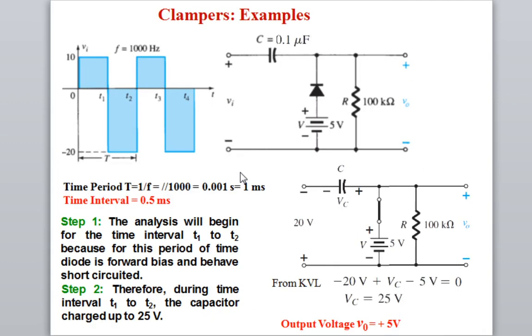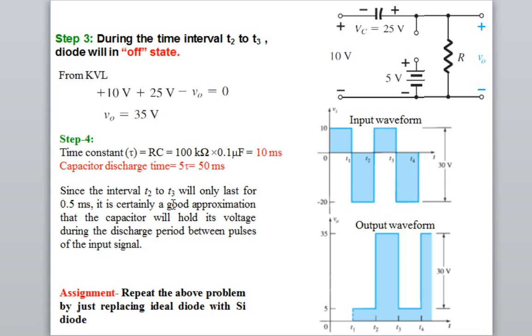And if you go back, the time interval for the given input signal we calculated was 0.5 millisecond. If you compare 0.5 millisecond and this 50 millisecond, obviously 50 millisecond is much greater than 0.5 millisecond, and this has a significant meaning.